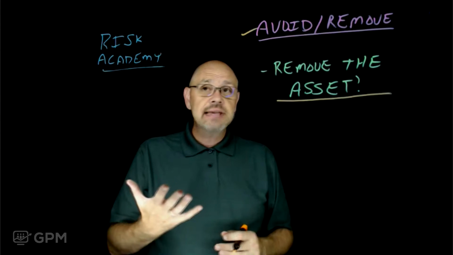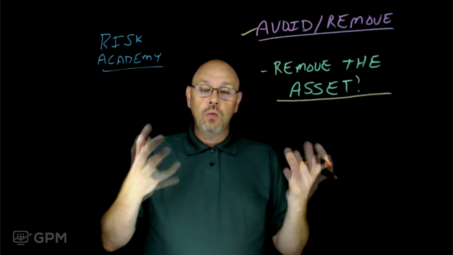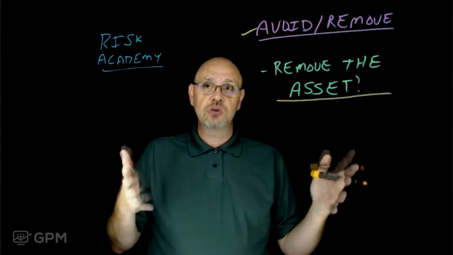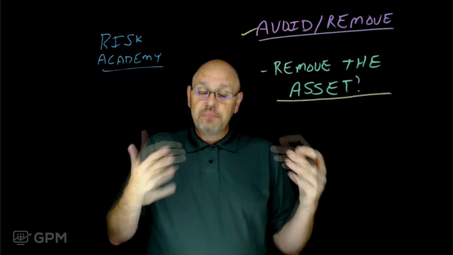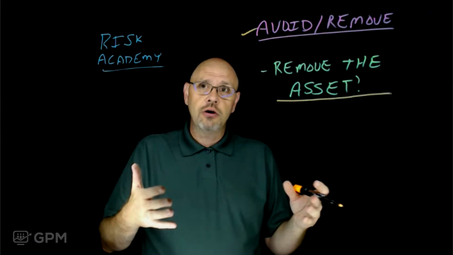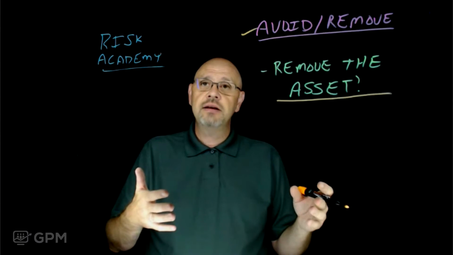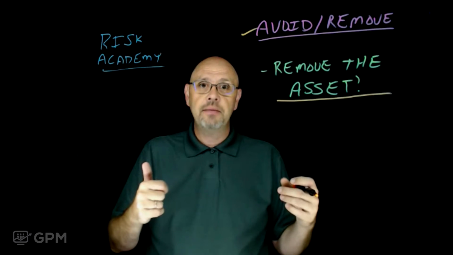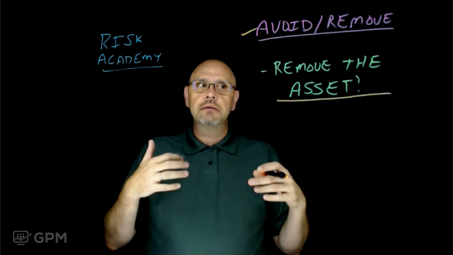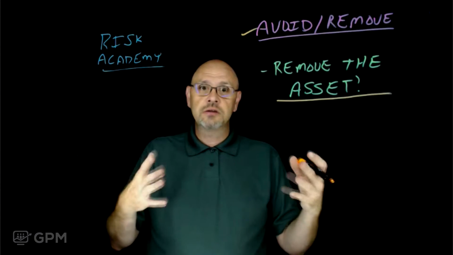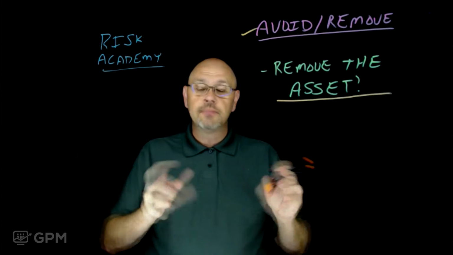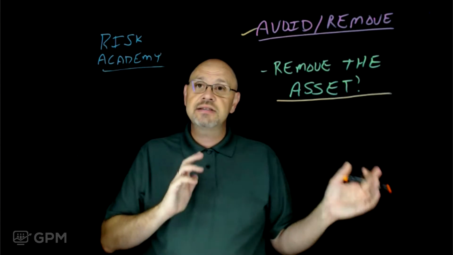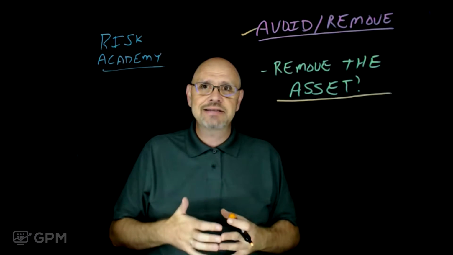A technical example would be, we had a great big huge storage array on the back of one of our servers, and the vendor said there was a security hole with it. The vendor decided it was too old. They weren't going to provide a patch. We actually got rid of it. We just moved the data someplace else that we already had, shut it down, took it out, destroyed the disks, and literally got rid of the asset.